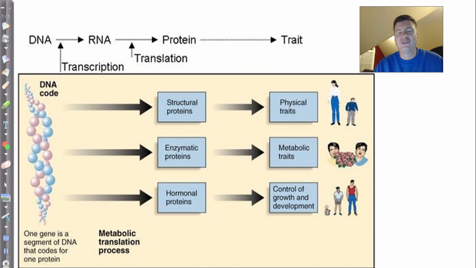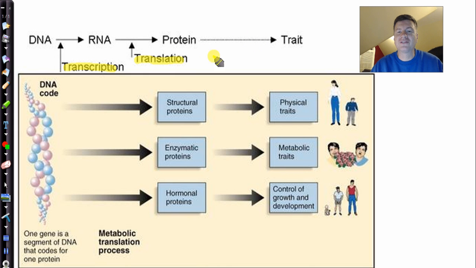So this gives you just a little bit of an overview of the processes. Again, here you notice that we have DNA, RNA, and protein, and ultimately the protein will result in a trait. Let's say the protein being made here is coloration for eye color or hair color. Once again, you see our steps, transcription and translation.